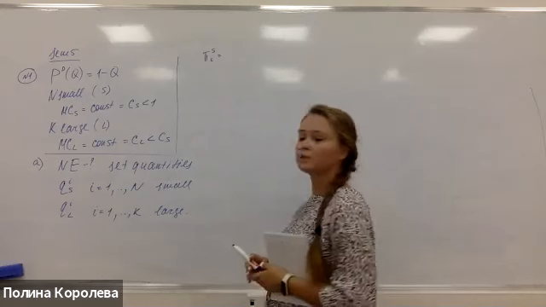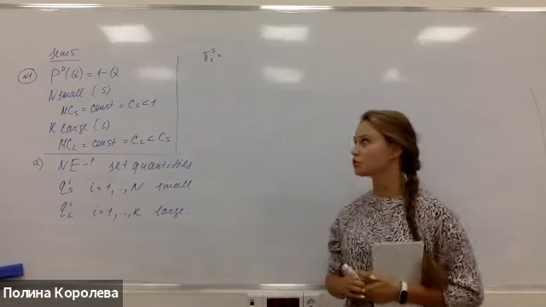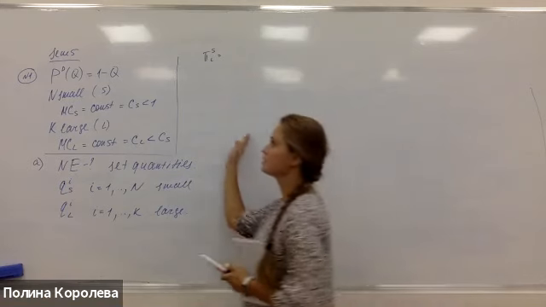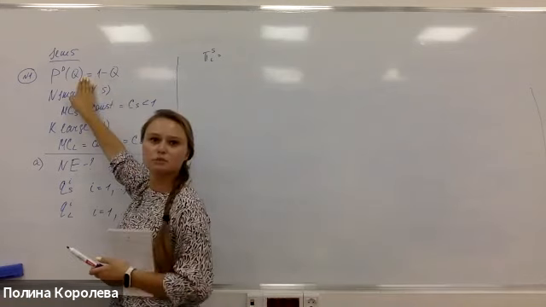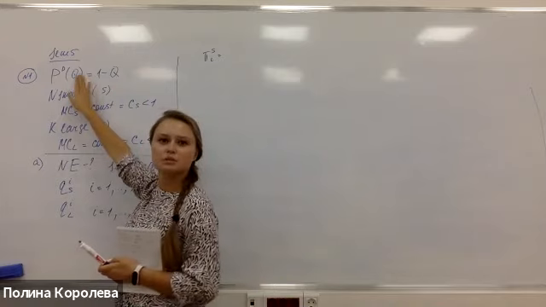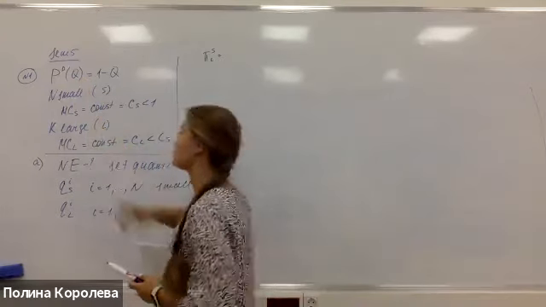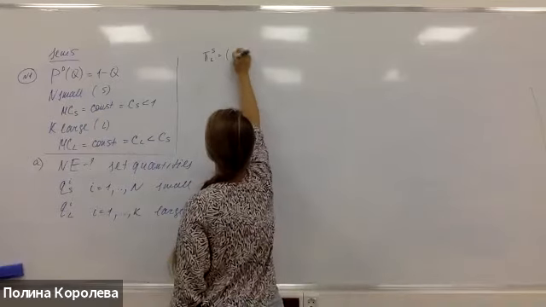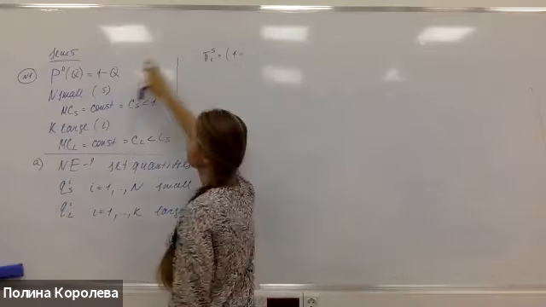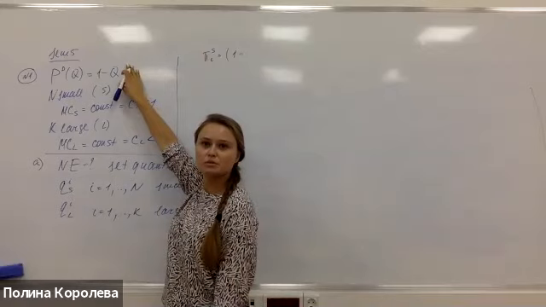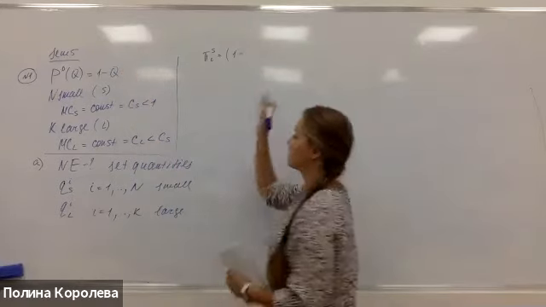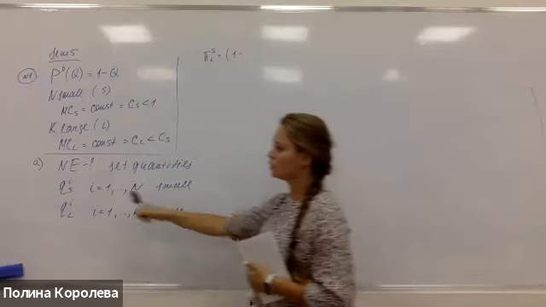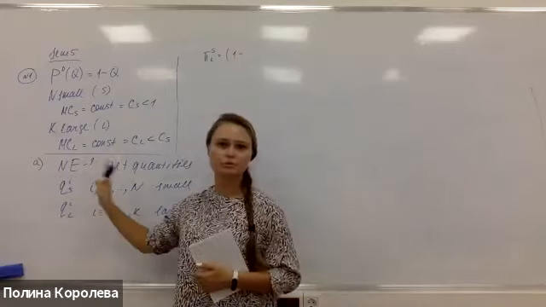But we have oligopoly. We don't have perfect competition, so price is not constant. Price is given by the inverse demand, the maximum willingness to pay in the market for the good. So price is 1 minus total sales in the market. Total sales is the sum of all quantities sold by all firms.